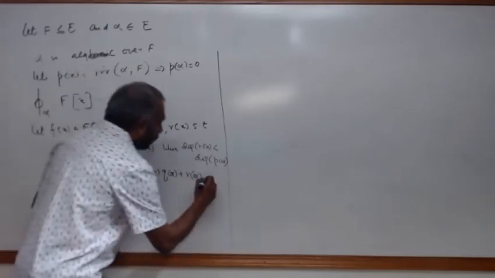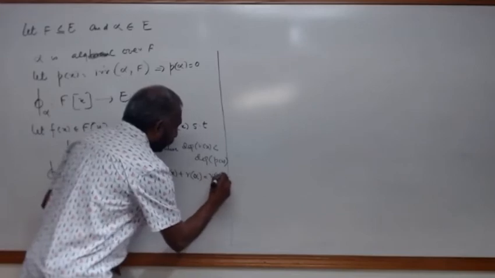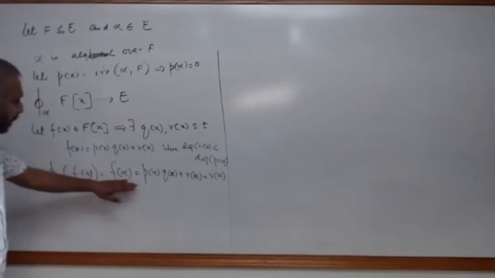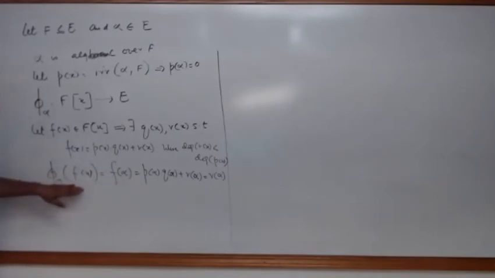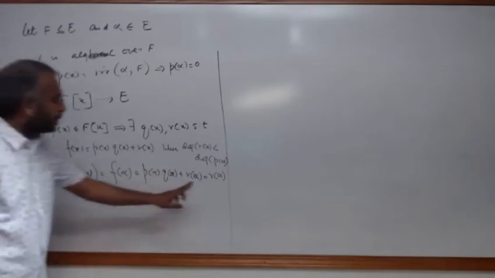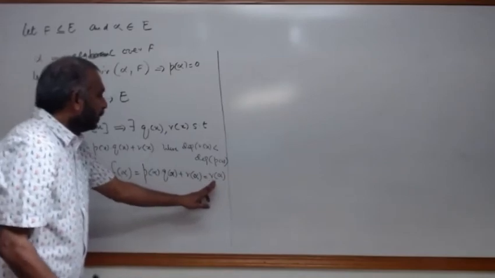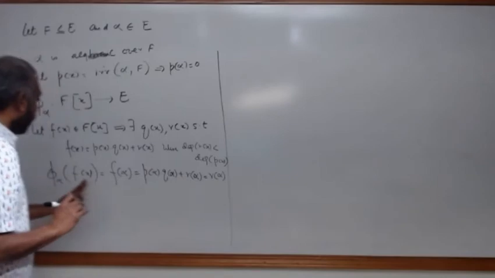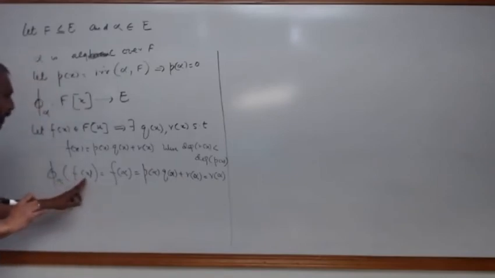So this is equal to r of alpha. So what is happening here? The image of any polynomial under this map is the remainder polynomial at alpha when this polynomial is divided by the irreducible polynomial.